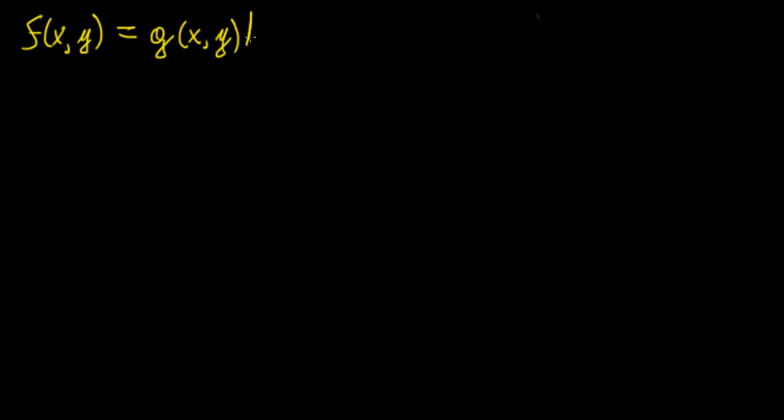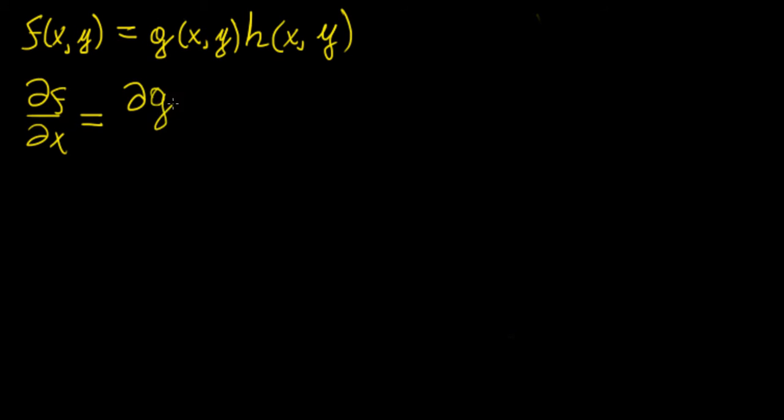So let's suppose we have a function of two variables that is in itself a product of two functions of two variables. So if we want to get the partial derivative of f with respect to x, we use the product rule, which would be differentiate one of them with respect to that variable times the other function plus the partial derivative of the other times the other function.